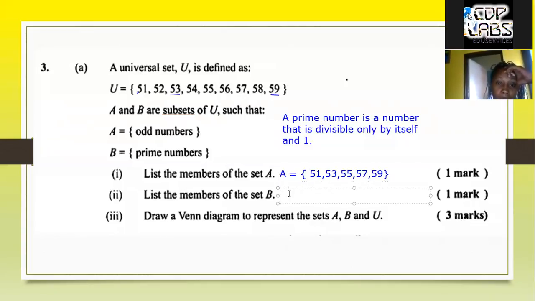Set B equals brace 53, comma 59, brace. Very good. All right. I want you to take a very good look at both answers and tell me what you notice.